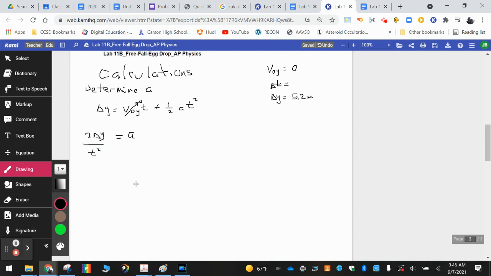That's determining a. And then for our second calculation, there are two methods here. v is equal to v0y plus a t. We can use this equation here, and we also want to use this one as well: v squared is equal to v0y squared plus 2 times a delta y.